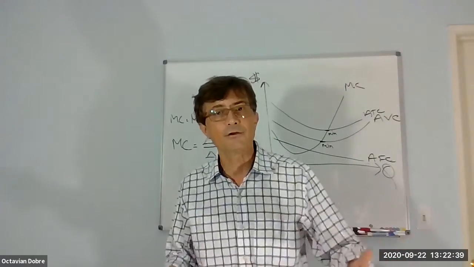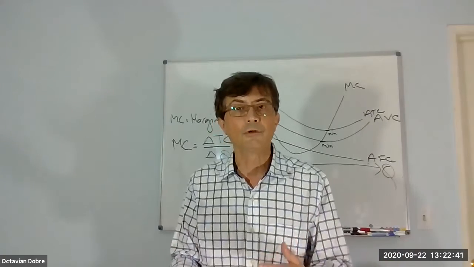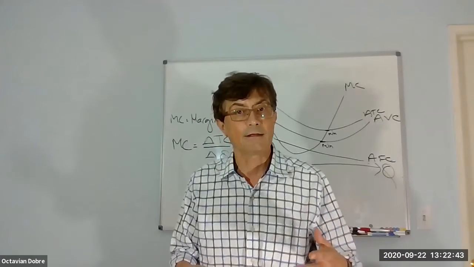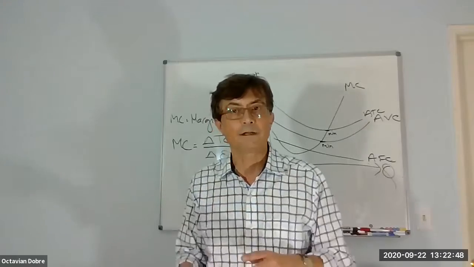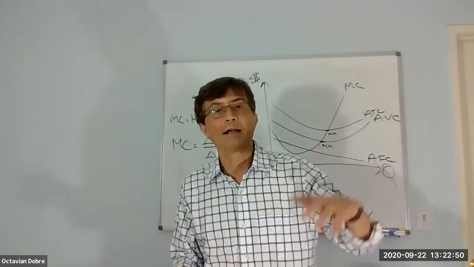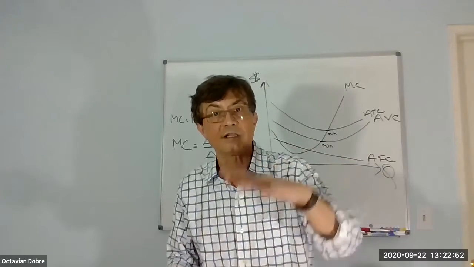As I hire additional workers, they're going to be able to specialize. And as they specialize and become better at what they're doing, what's going to happen? They're going to bring the average cost down.